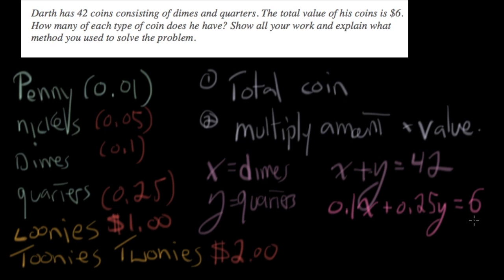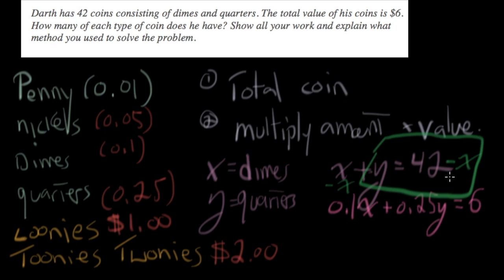This is one of those situations where I would actually use substitution, and I would solve this equation for y. I would subtract x from both sides. So y equals 42 minus x.